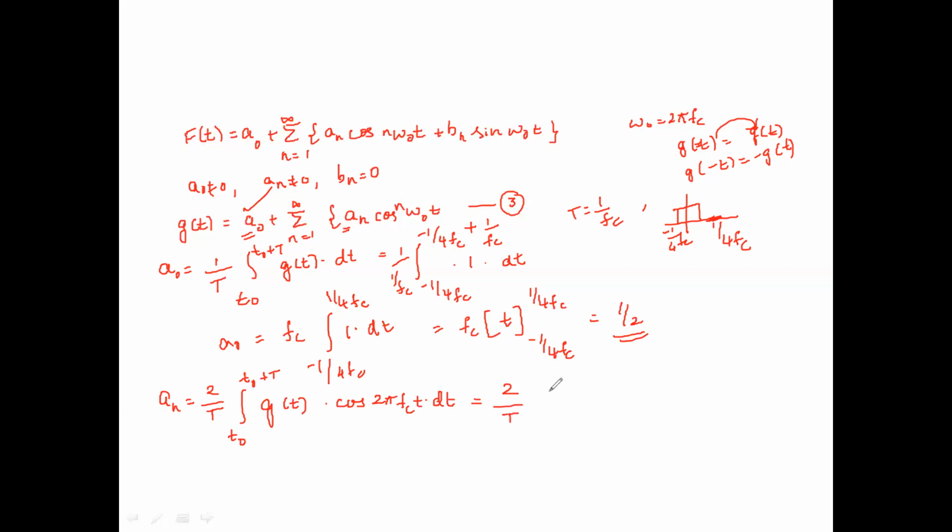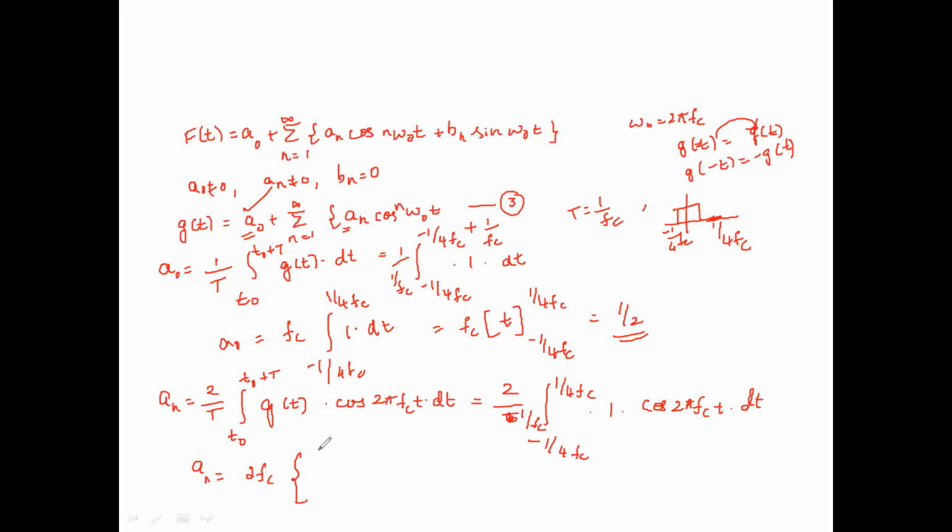You get 2 by T. Once again t naught to t naught plus T will become minus 1 by 4 fc to plus 1 by 4 fc. g of t is 1 into cos n 2 pi fc t into dt. So what is the integration of cos n 2 pi fc t? This T can be written as 1 by fc. So this will become an is equal to 2 into fc.